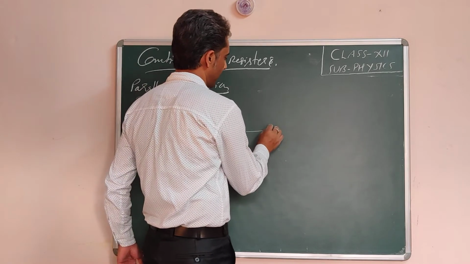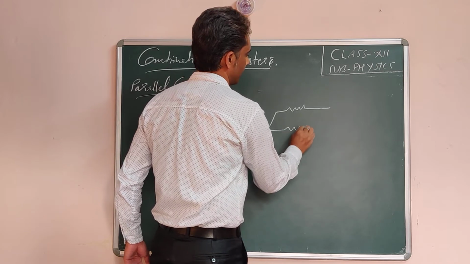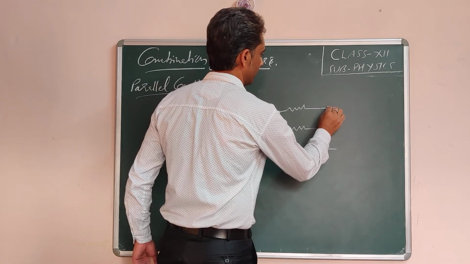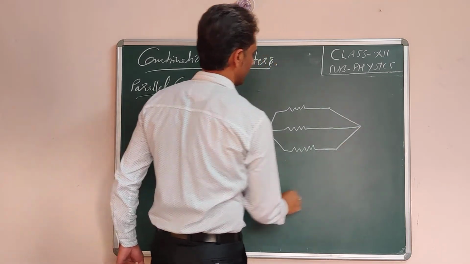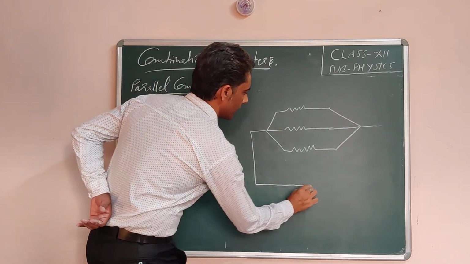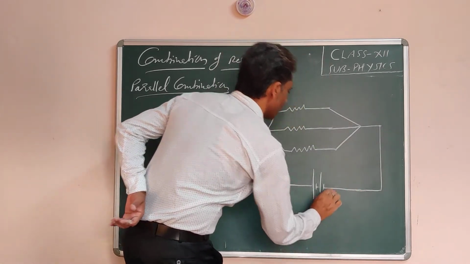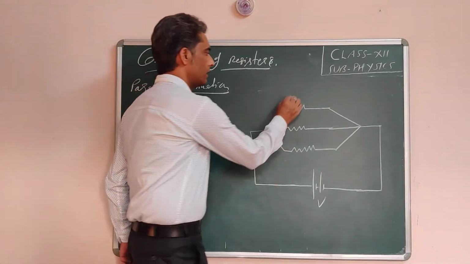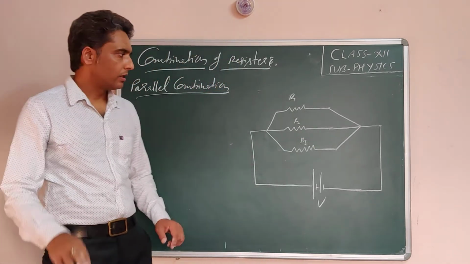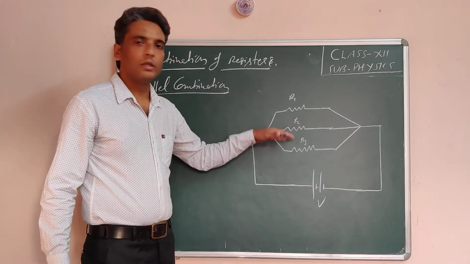So if resistors are connected like this, means resistors are connected in such a manner that the potential difference across all the resistors is the same as the applied potential difference, but there are different paths for current through the individual resistors.